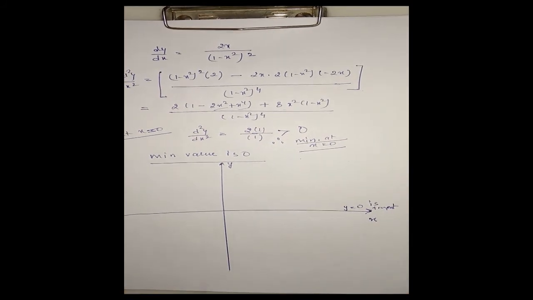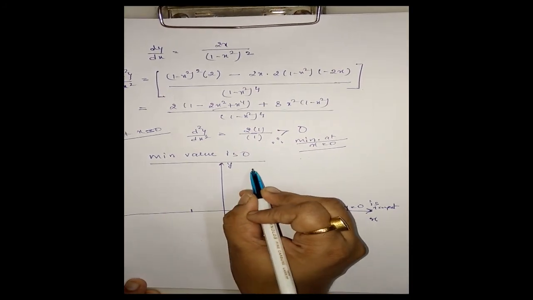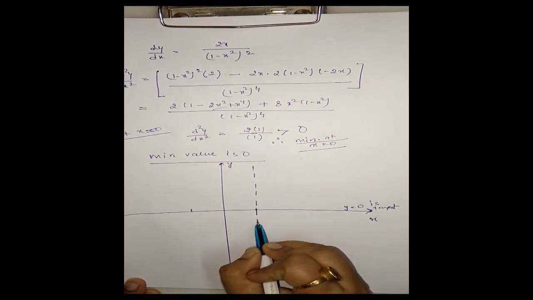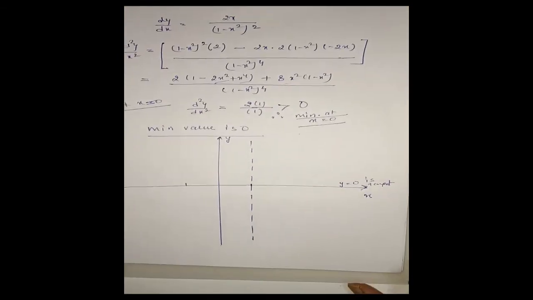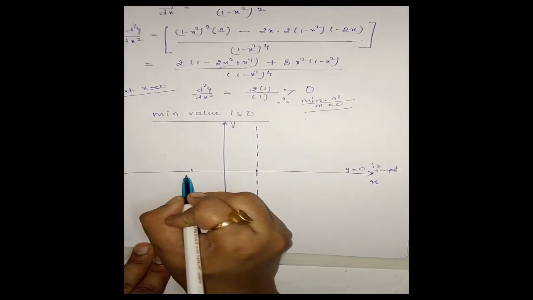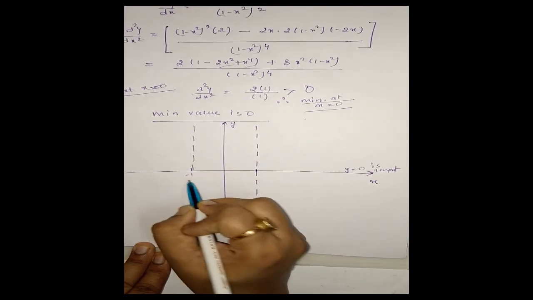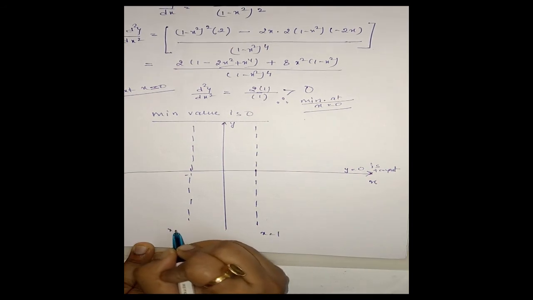Next, asymptotes: x is equal to 1, x is equal to minus 1. These are the asymptotes parallel to the y-axis. This is one asymptote, and at minus 1, this is my next asymptote.